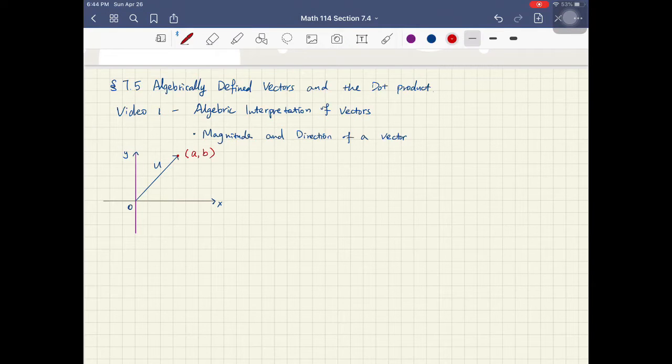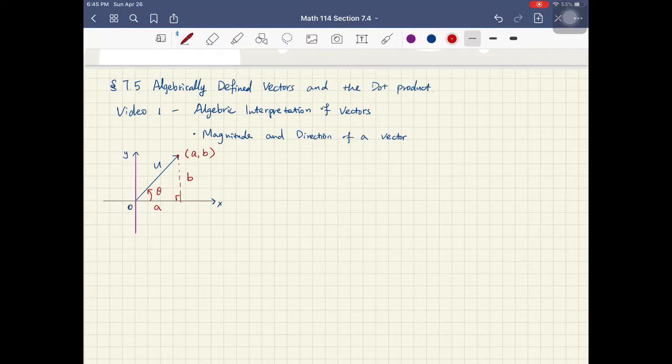That means in the x direction it is a, and in the y direction it is b. Now, the angle is theta. So generally speaking, the length of u is the magnitude, and the angle theta is the direction.